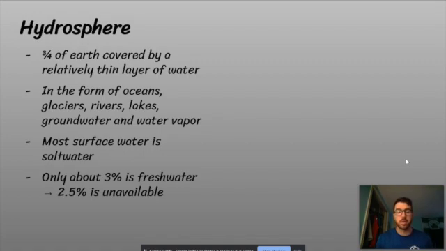Most of the surface water is salt water, with only about 3% of the world's water being fresh water. And 2.5% of that 3% is unavailable to us. So at any given moment, only about 0.5% of the water on Earth is fresh water we can readily use to drink. Not a lot in the grand scheme of things.